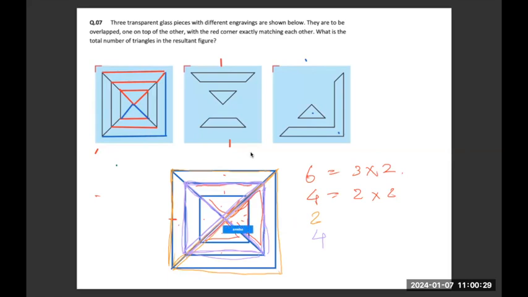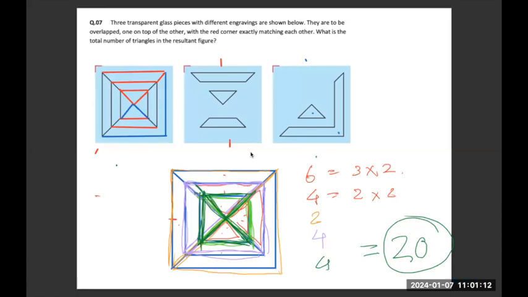Into the outer, I'll draw it here. I don't have space. 1, 2, 3, and then 4. So this will add up to 6 plus 4, 10, 8 plus 2, 10, 20.